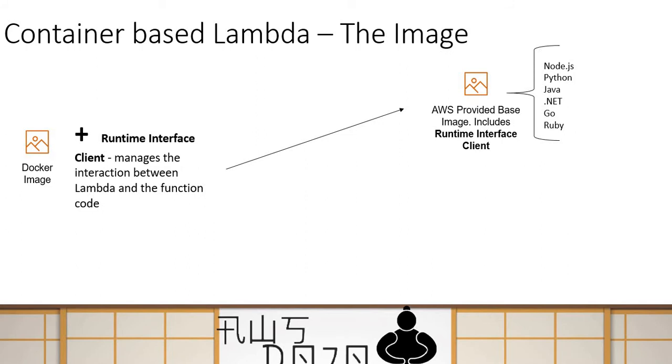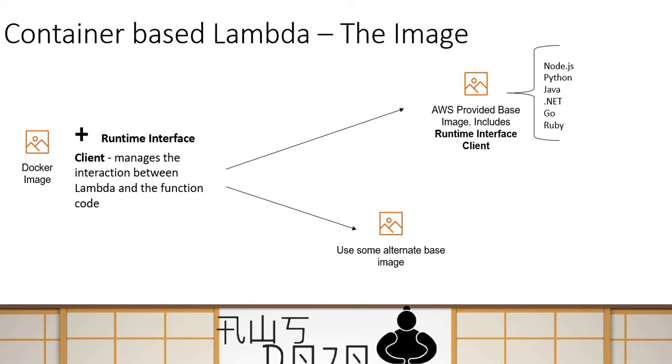And the beautiful part of these base images is that they have a runtime interface client already baked into them. So you can simply take this base image, and on top of that, you add your customized packages which you want to add to this image, and simply use that in your Lambda function. Very simple.